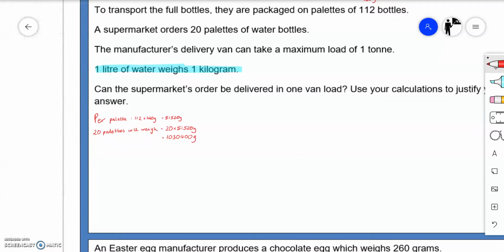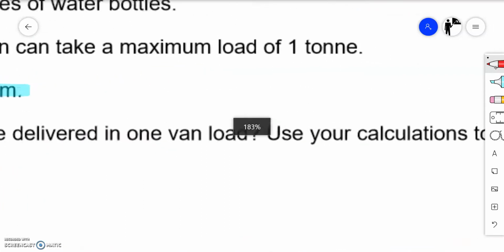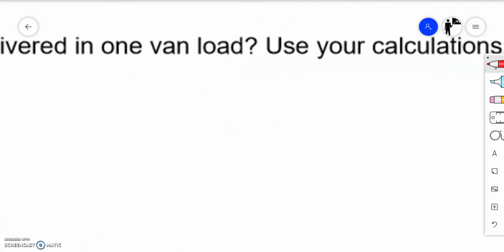The manufacturer's delivery van can take a maximum load of 1 tonne. Can the supermarket's order be delivered in 1 van? There's one more conversion you need to know, and it's about 1 tonne. You need to know that 1 tonne is 1,000 kilograms.